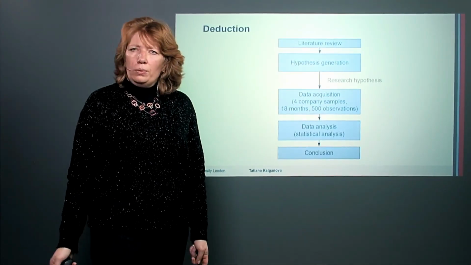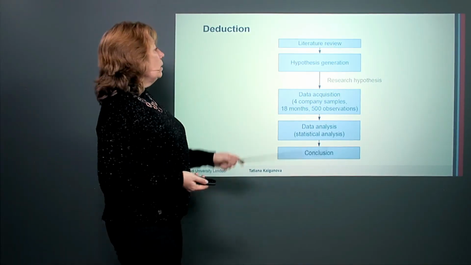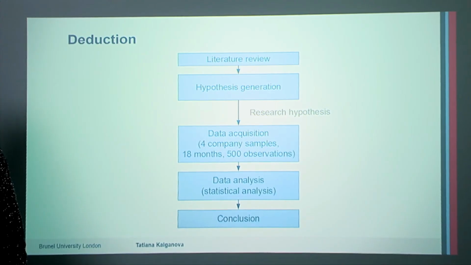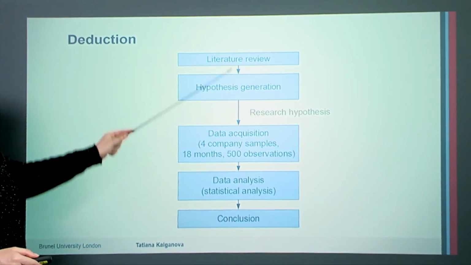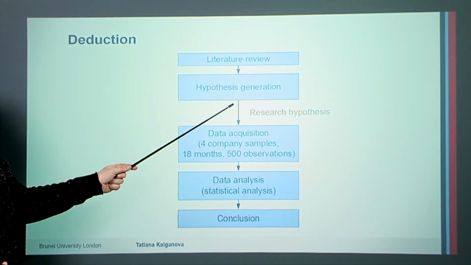Let's look at another example, again about deduction. Again, we start with a literature review. The literature review first will lead us to the formulation of the research question. Once I know the research question, I can start to formulate the hypothesis.